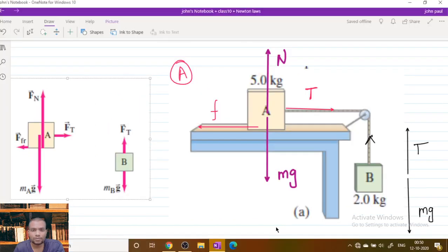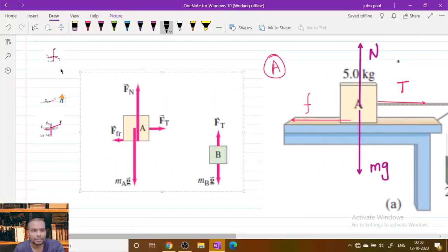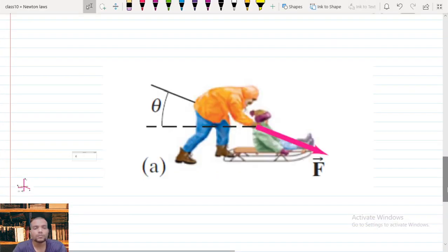Now let me take one more case. In this case I would like to make things complicated. Suppose I take this, and draw the free body diagram for the forces acting on the sledge.